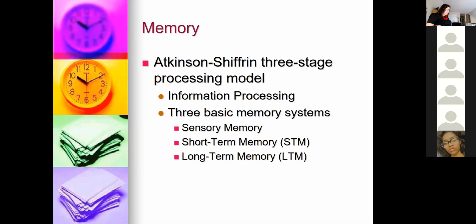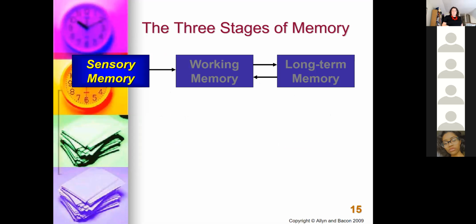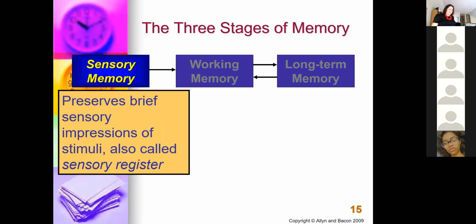So we're going to talk about each of these in a little bit more detail as well. So sensory memory preserves brief sensory impressions of stimuli. Sometimes this is also called the sensory register, because it's like we're just registering it as it goes on.